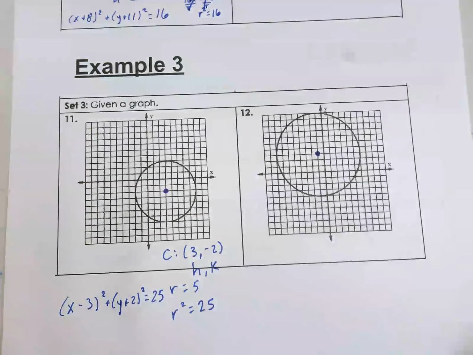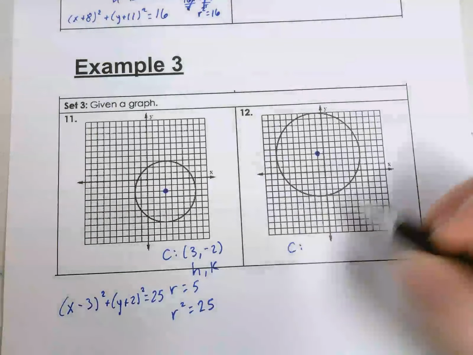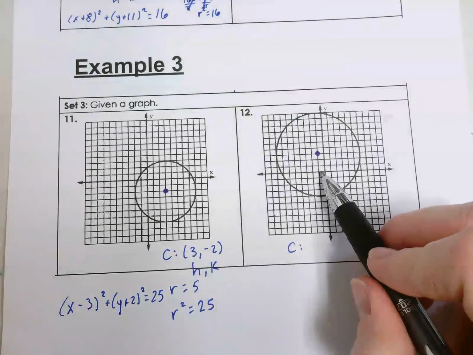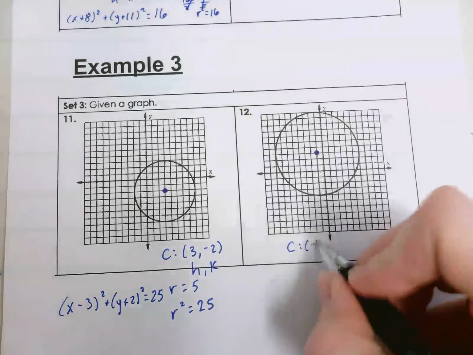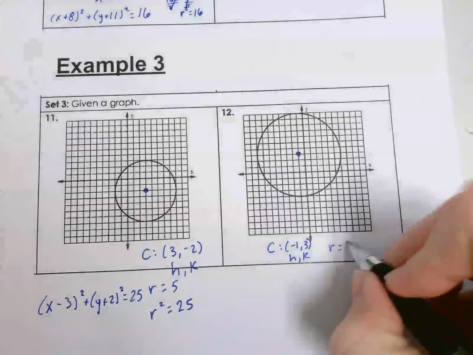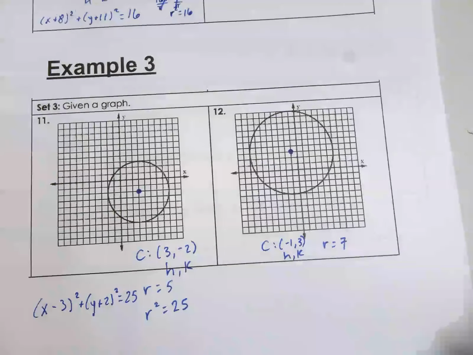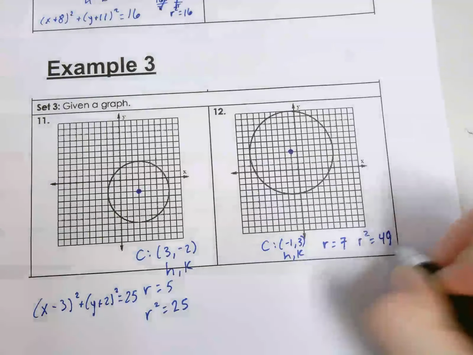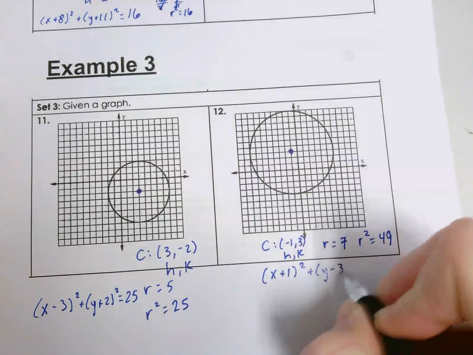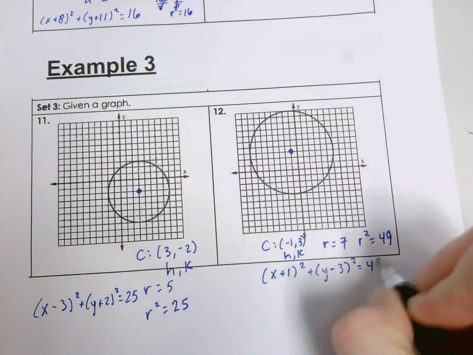And that center is at negative 1 and then up 3. So negative 1 comma 3 is my h, k. And then my radius, we already counted it. It was 7. So r squared would be 49. And then you would again fill in your formula. x plus 1 squared plus y minus 3 squared is equal to 49.